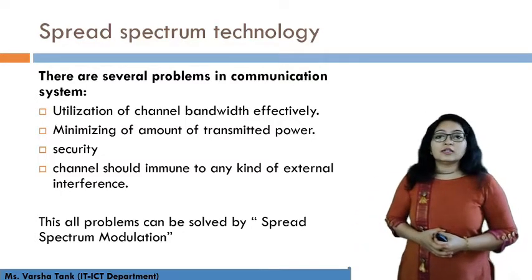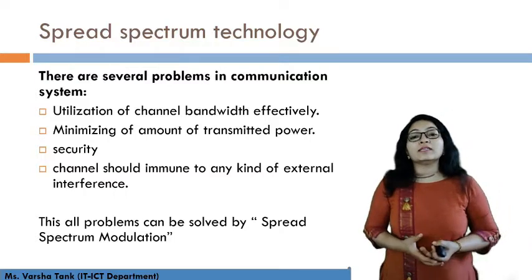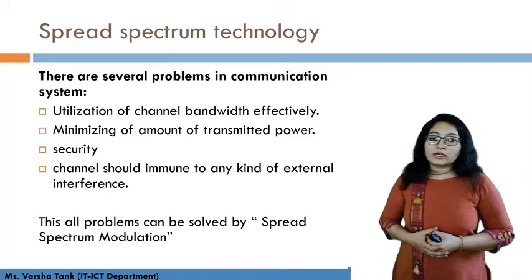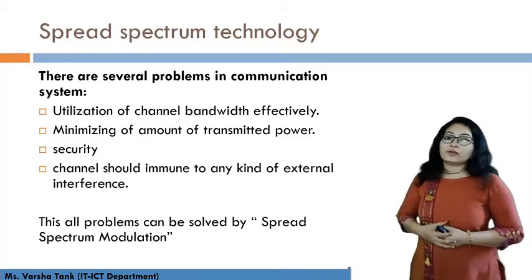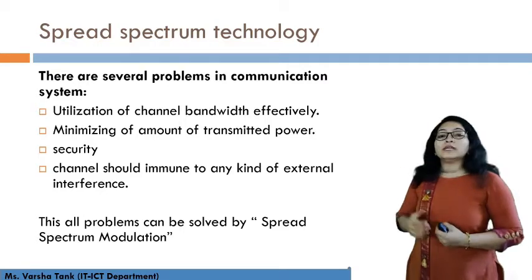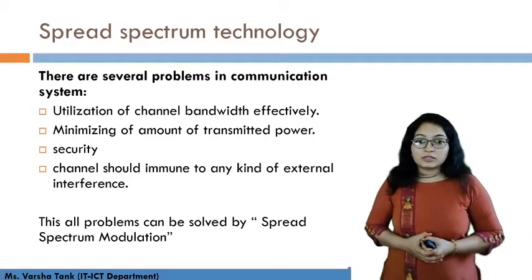The last is that the channel should be immune to any kind of external interference. As I told you, the third problem is that security is not there, so external interference may occur. These are the common issues in a communication system.